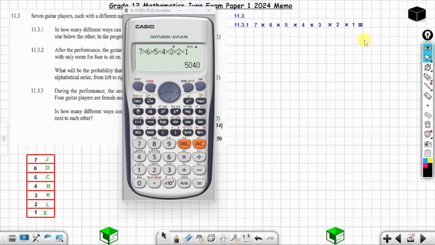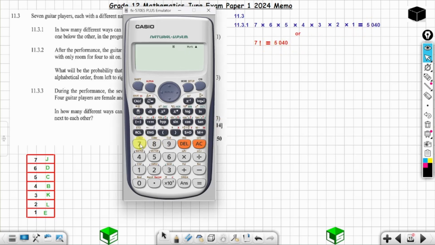You have 5040. Or you can write this as 7 factorial. This is equal to 5040.